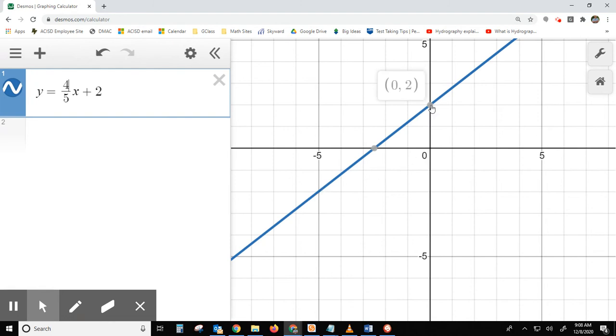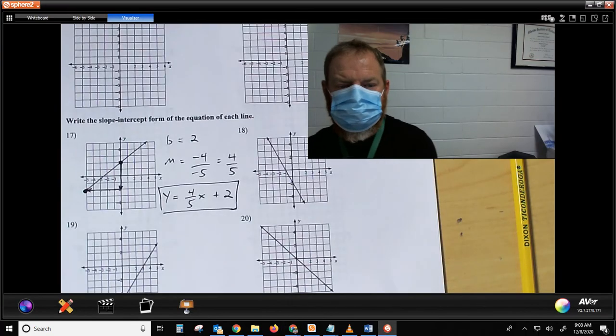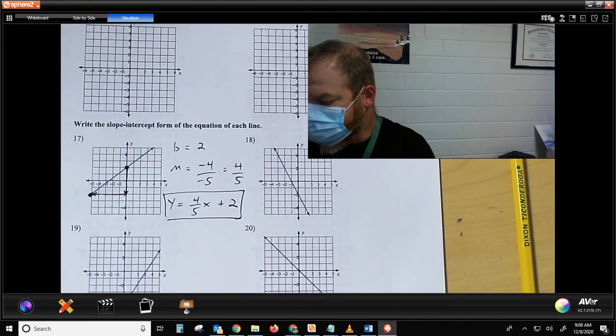There's a y-intercept at 0, 2, and then there's a second point on the grid at 1, 2, 3, 4, 5, to the left 5, down 2. Negative 5, negative 2. And now if you kind of quickly memorize this slope, what it looks like, and I switch back over to our problem, it's pretty similar to 17.